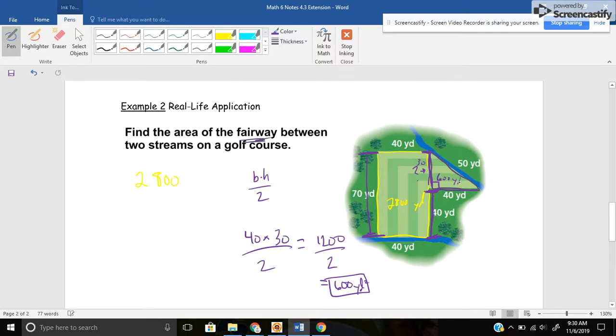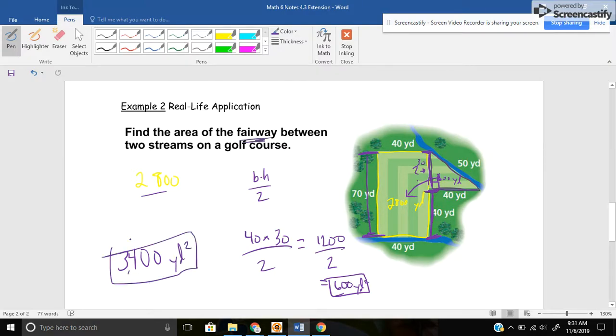So if I take and add together my triangle and my rectangle, well, 28 plus 6 would give me 34, and then add my zeros. So 3,400 yards squared, okay, is what I come up with.